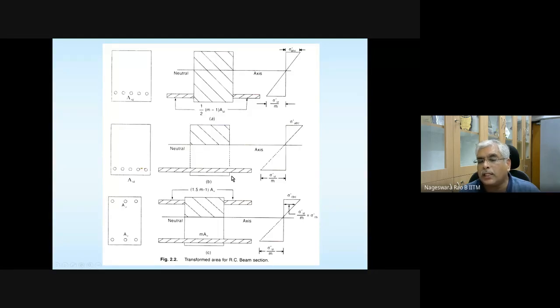In that case, what is the equivalent section? And if you take a section which is reinforced both at the top and bottom, once the concrete is cracked, what is the equivalent section? That is shown here. And the third figure is showing the stress distribution for the transformed section.